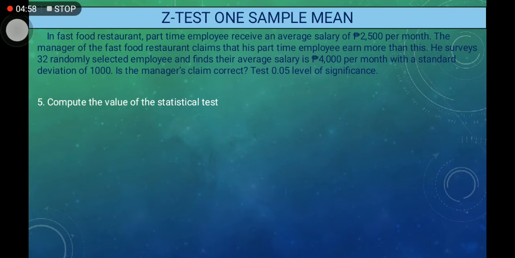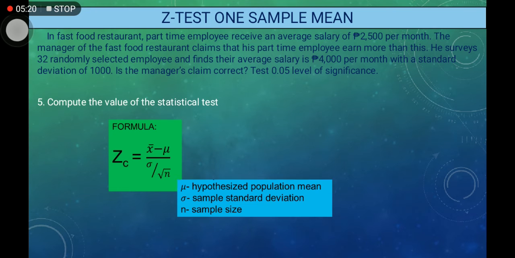Step 5, compute the value of the statistical test. Para makuha natin yung value ng statistical test, gagamit tayo ng formula. Z-com equals x-mean minus mu all over standard deviation divided by square root of n.